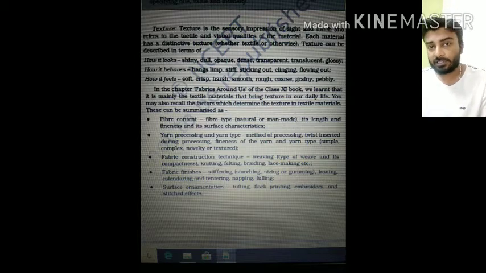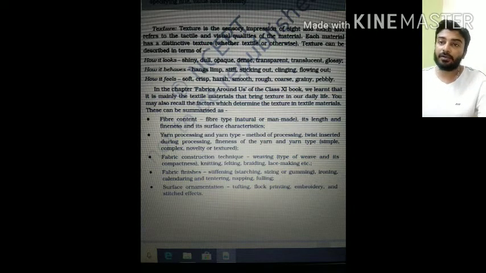The second one is how it behaves. Texture also describes how some fabric or garments hang: limp, stiff, standing out, clinging, flowing. Now how it feels: soft, crisp, harsh, smooth, rough, coarse, grainy, pearly.